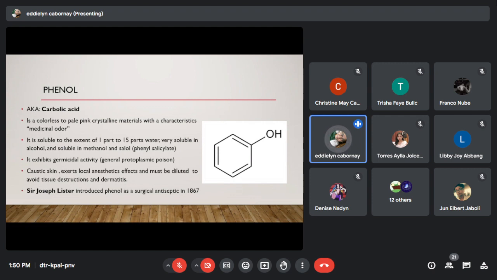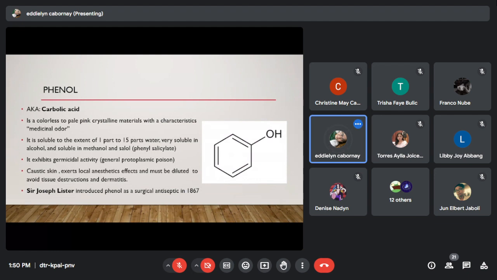Sir Joseph Lister introduced phenol as a surgical antiseptic in 1867. Phenol is still used occasionally as an antipruritic or anti-itch in phenolated calamine lotion with a concentration of 0.1% to 1%.